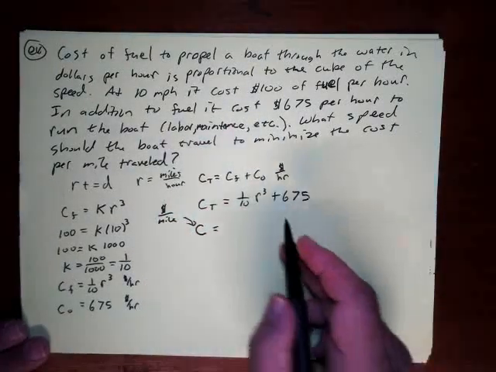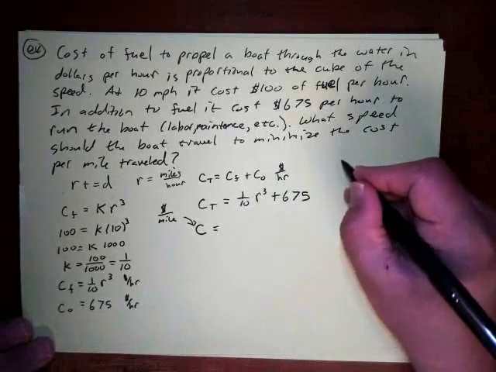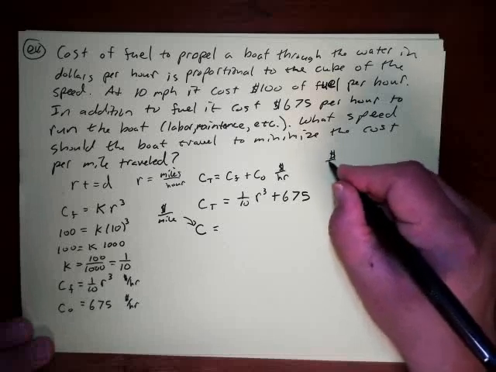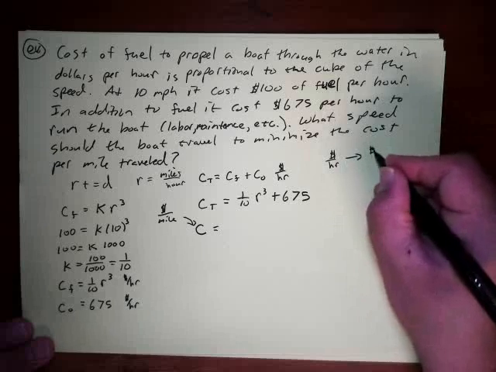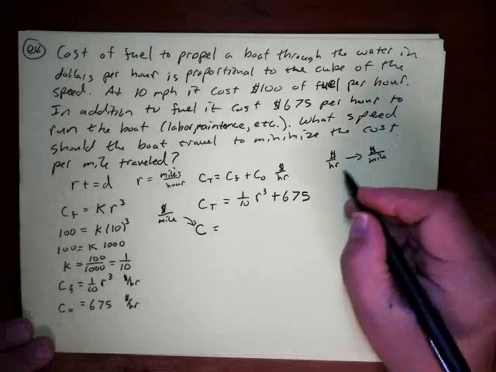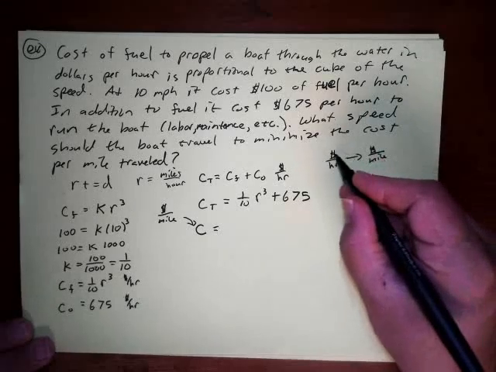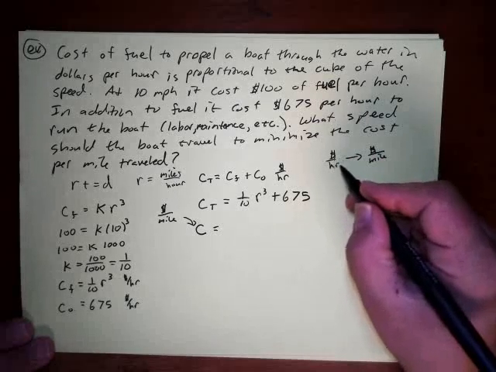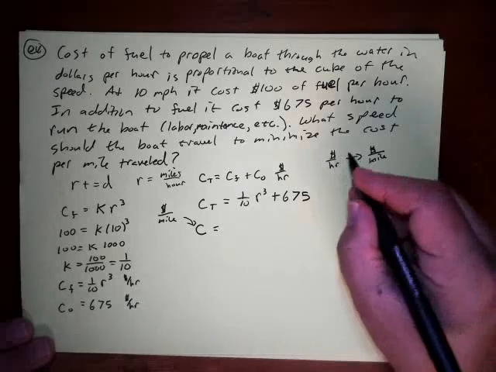Okay, well, how do I go from dollars per hour to dollars per mile? Well, let's think about this. I want that to stay put, but I want the hours to go away, and in its place I want miles to take its place.